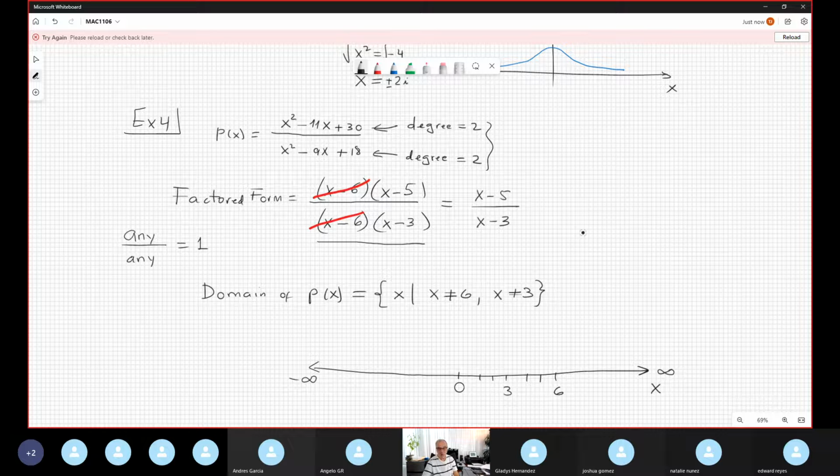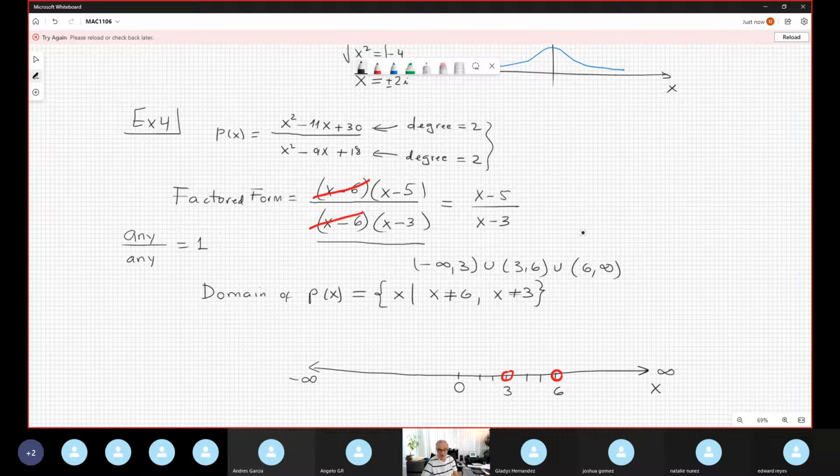Okay. We have here undefined, and we have here undefined. Therefore, if you want to express this idea in interval notation, it is from negative infinity comma 3, not including 3, union 3 comma 6, union 6 comma infinity.